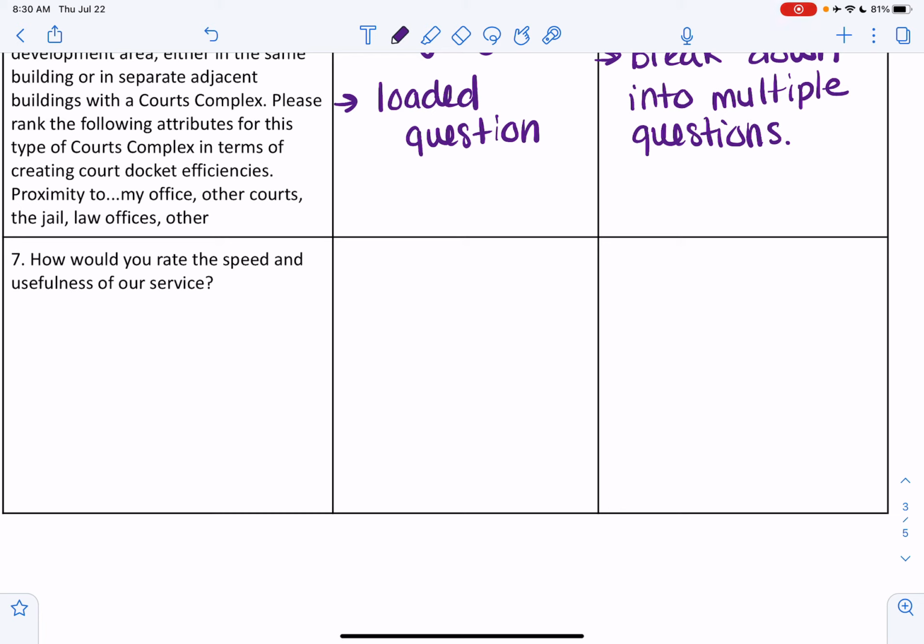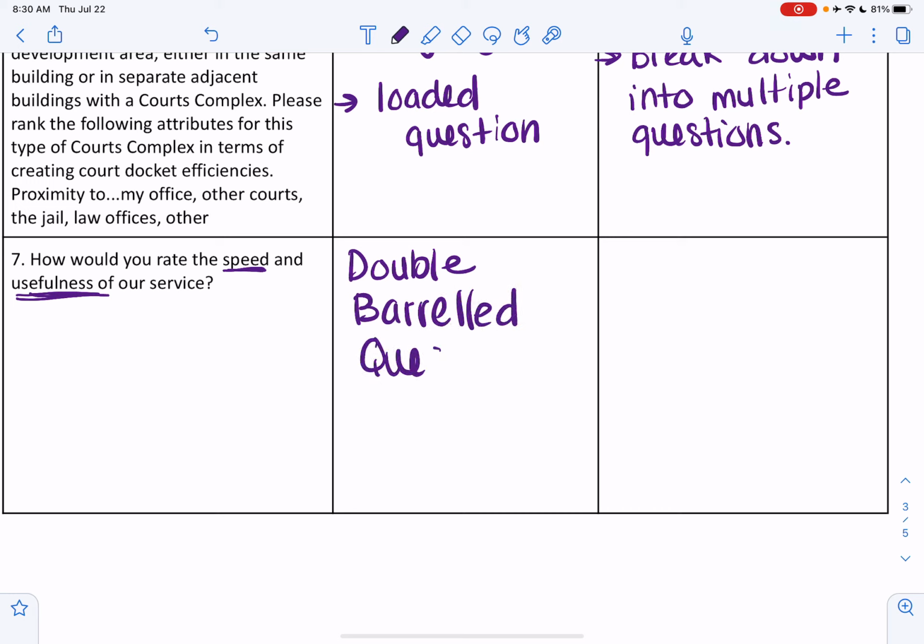This type of question, where there's 2 questions, but I'm only allowed 1 answer, is called a double-barreled question. And we can't have these. Again, what a double-barreled question is, I have 2 questions here and only 1 answer. So I'm rating the speed and usefulness at the same time, but what if I don't have the same answer for both? So what I would have to do is I'd have to break it down into 2 questions.